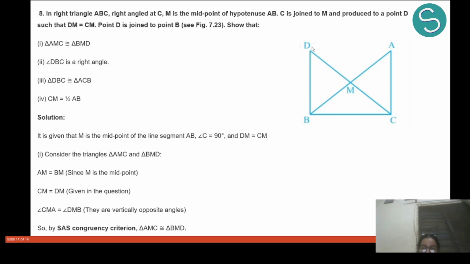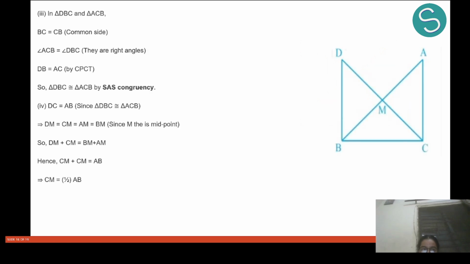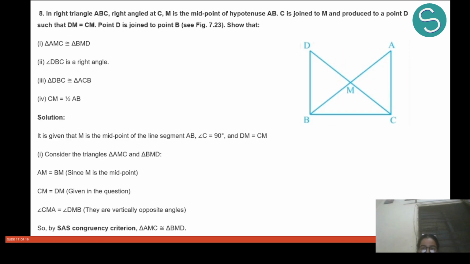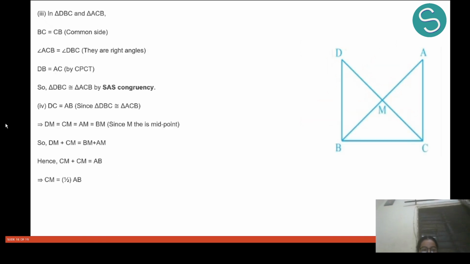Now we have to prove angle DBC is 90 degrees. The third part: in triangle DBC and triangle ABC, we have to prove that CM equals half of AB.